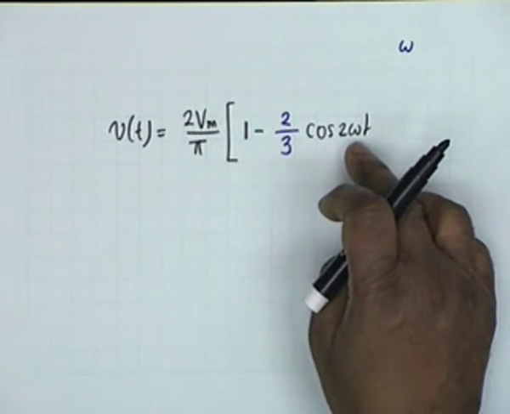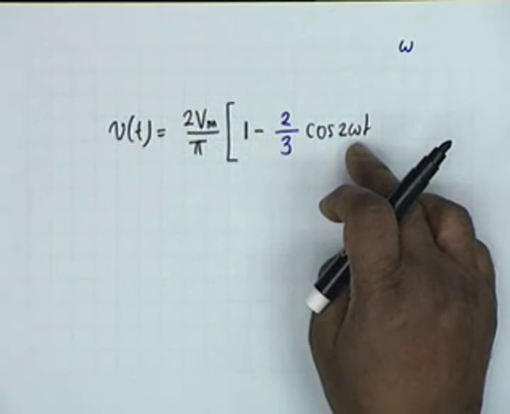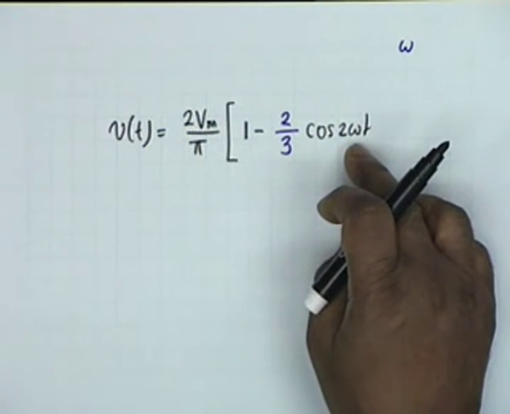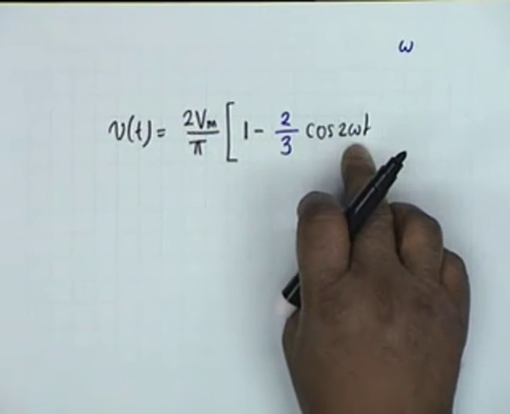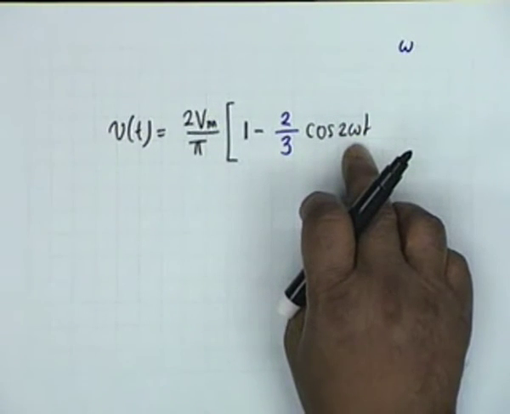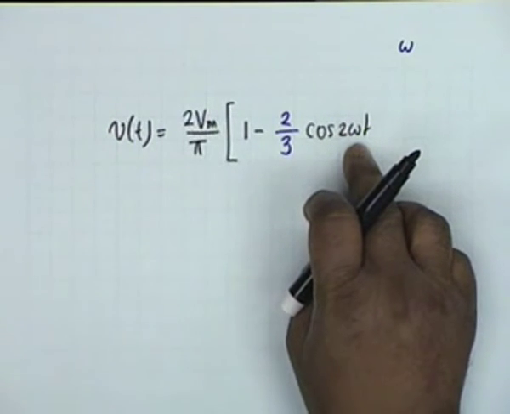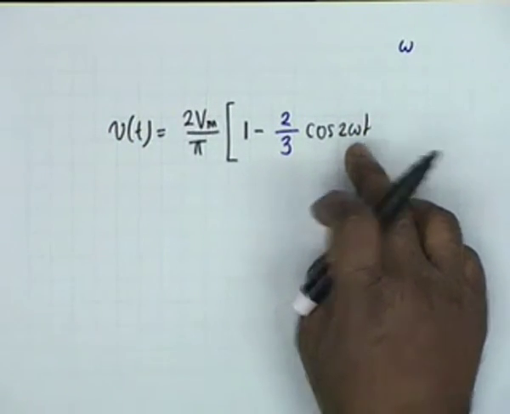Any frequency which is an integer positive multiple of another frequency is called a harmonic. 5 omega is the fifth harmonic, 10 omega is the 10th harmonic, 2 omega is the second harmonic, and what is the frequency of the first harmonic? First harmonic and fundamental are the same, that is omega.